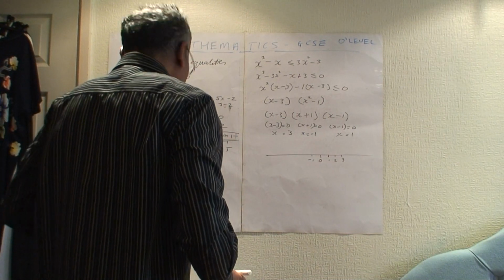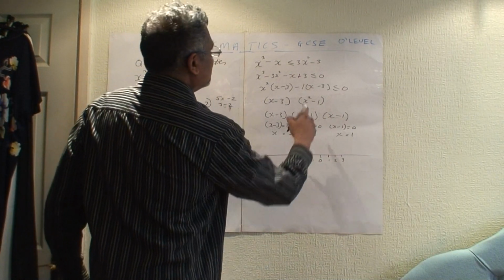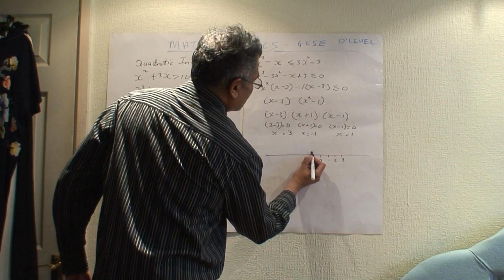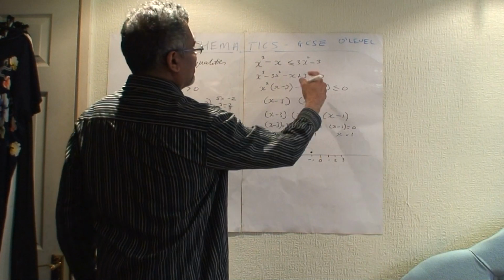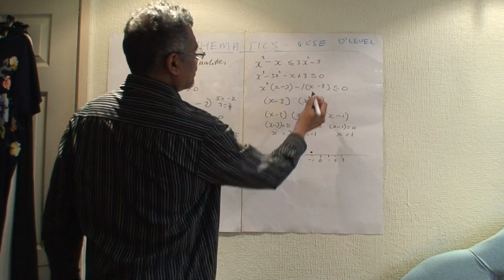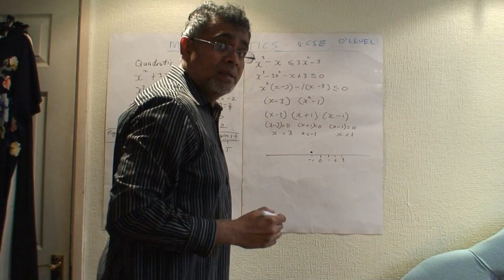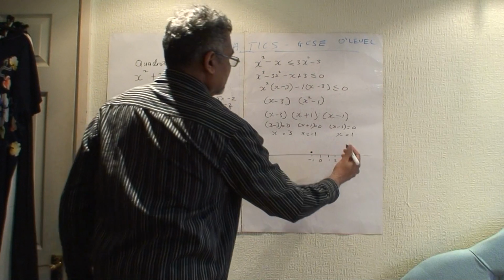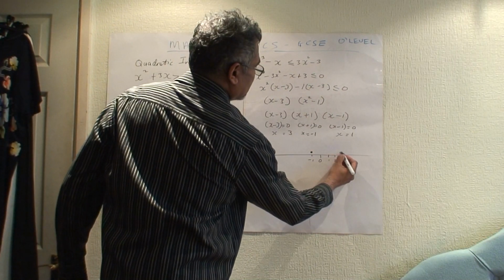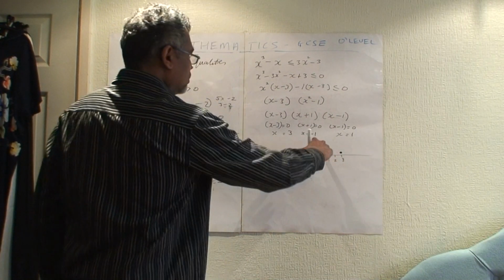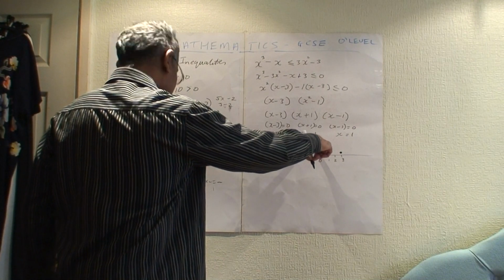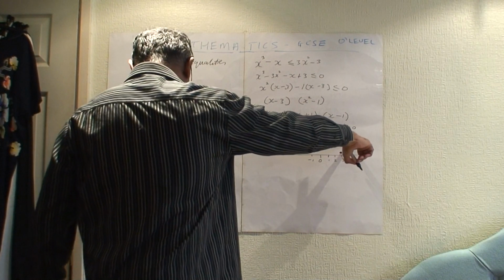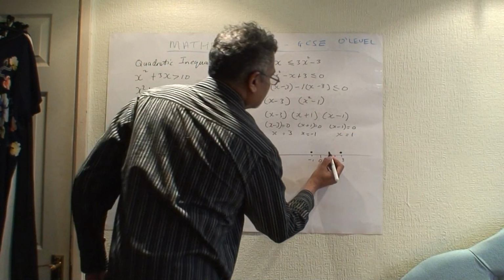We know it's a less than going in this direction, and equal to, so it's a filled circle here, because remember it's less than or equal to. It's also telling us 3, so we put another filled circle there. It's also telling us that it is 1, so we put a filled circle here.